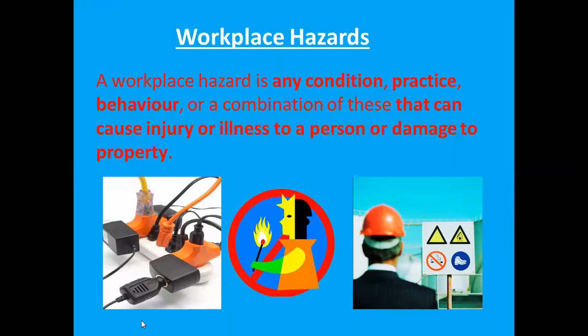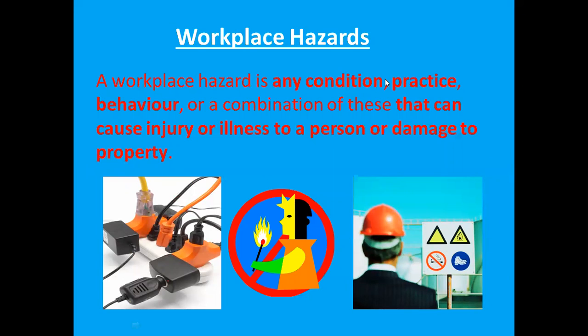Initially, in any organization or firm or a factory or a business place, the first thing to be maintained is safety in the workplace. Next, we have to see what are the hurdles, what are the problems, what are the hazards for the worker safety.